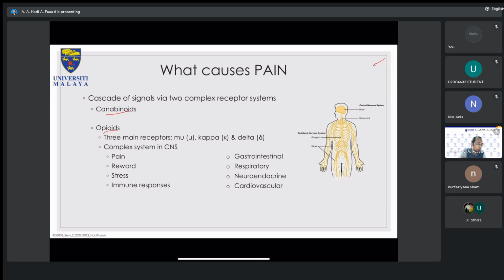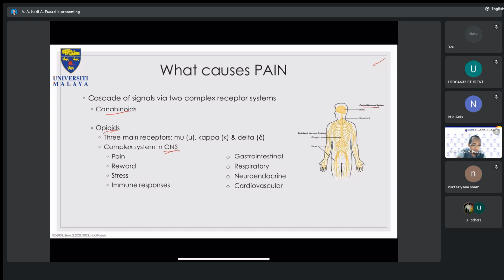Both opioid and cannabinoid receptors can be found in more abundance on nerve cells. But opioid receptors are mostly in the CNS, the central nervous system. It doesn't mean that they are not there in the peripheral system. They are still there, but mostly concentrated in the CNS.